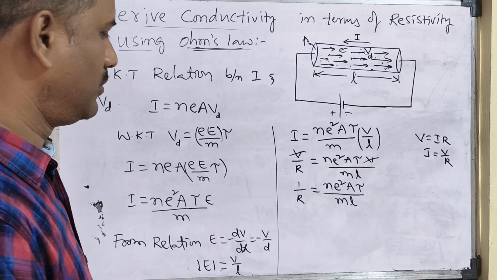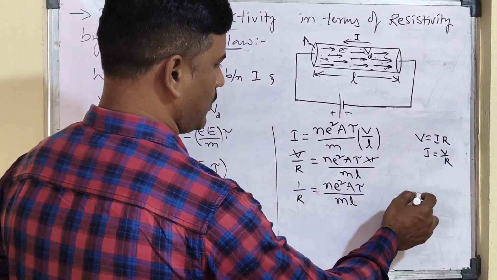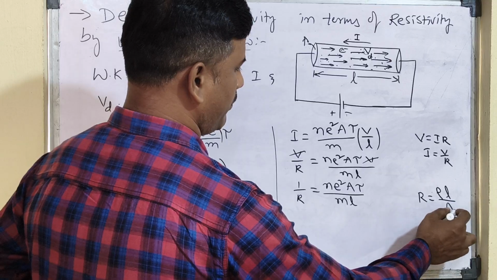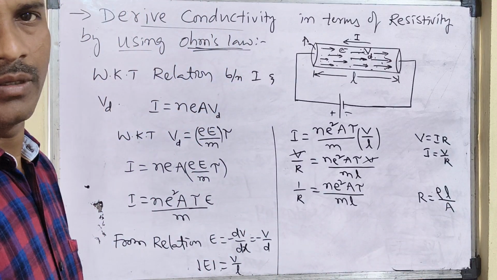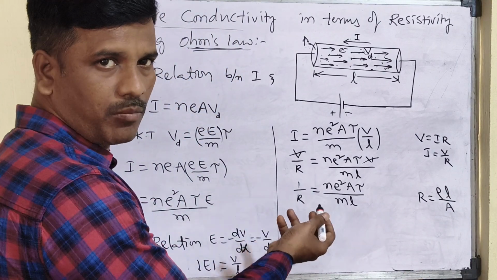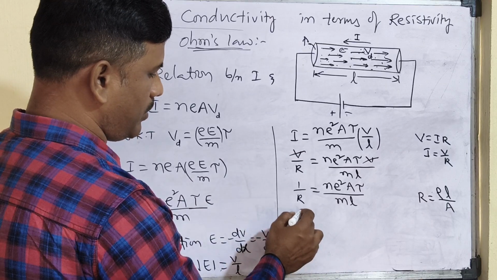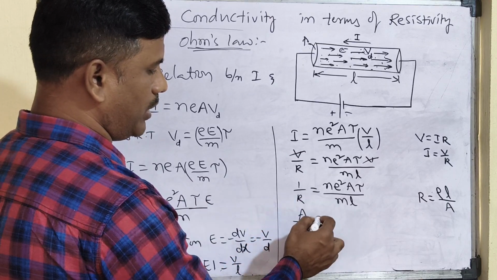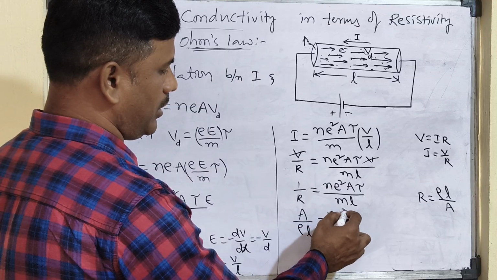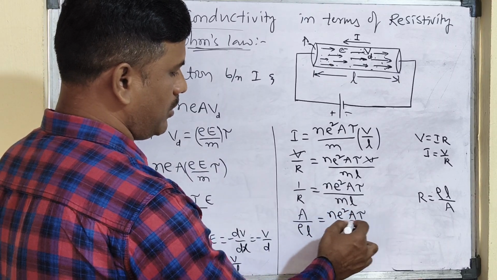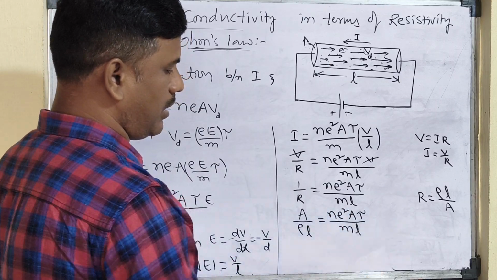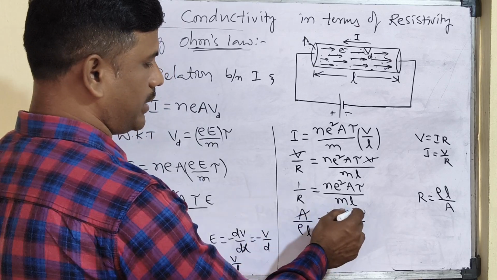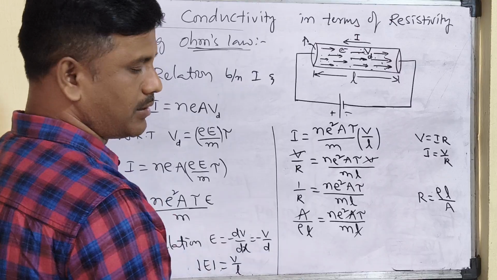Again one relation. What relation? The resistance formula. R is equal to rho L by A. But 1 by R is here. 1 by R means the reverse, that is A divided by rho L. A divided by rho L equals n e square A tau divided by m into L. Now again cancelling terms. A gets cancelled, L gets cancelled.